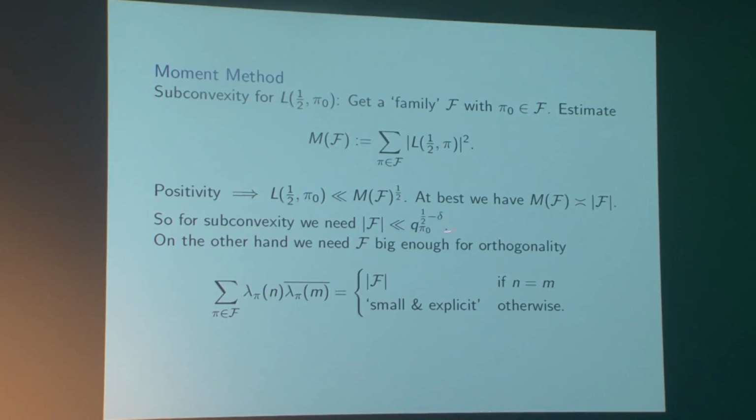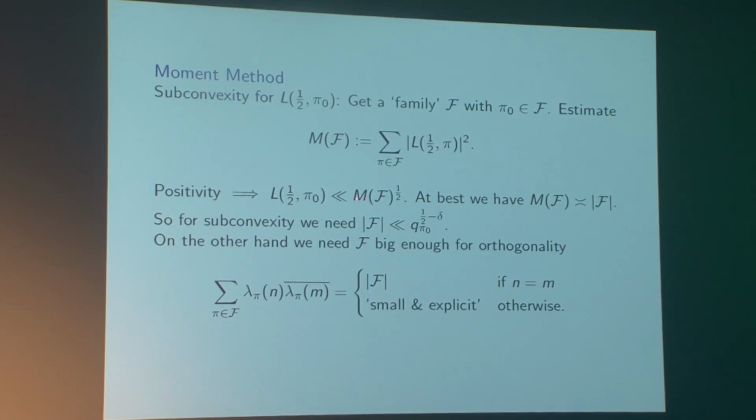And since the best you can achieve is that the moment will be at least the size of the family, the family cannot be larger than q(π₀)^(1/2), because you want to beat q(π₀)^(1/4), that's the convexity.